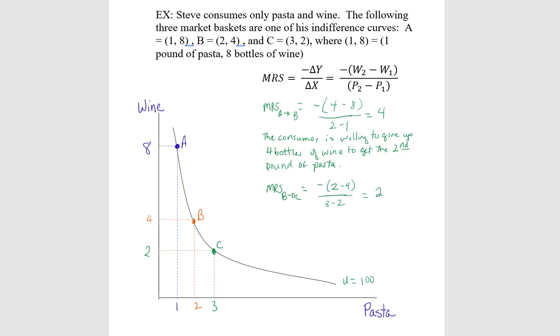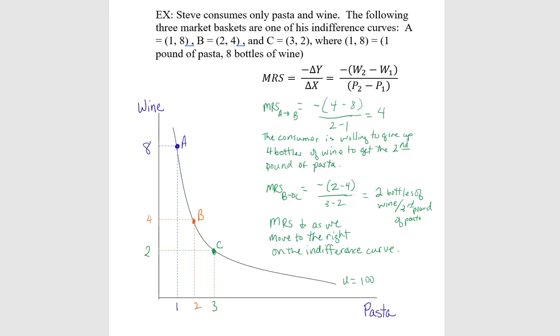This means that the consumer was willing to give up 2 bottles of wine for that third pound of pasta. So at 2 pounds of pasta, he's sort of feeling pretty comfortable, pretty happy. He's not willing to give up as much wine as he was before because he's got now more pasta in his basket. What we notice as we're moving along this curve, the marginal rate of substitution is going down.